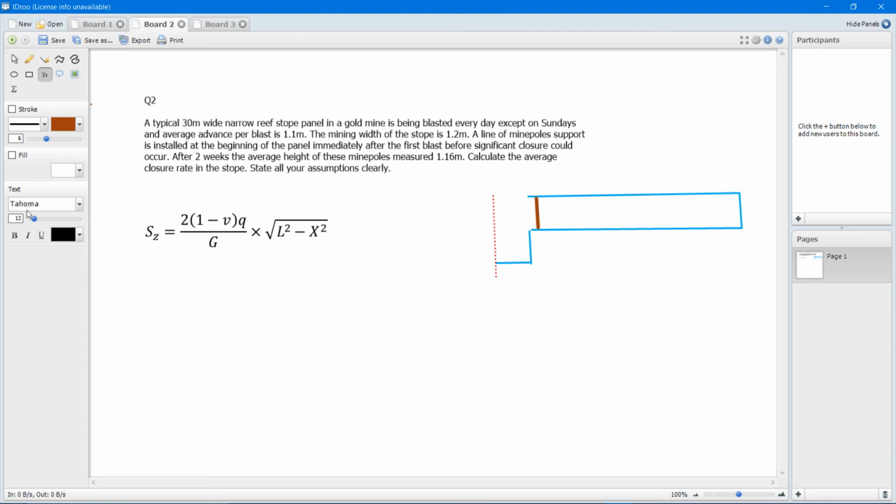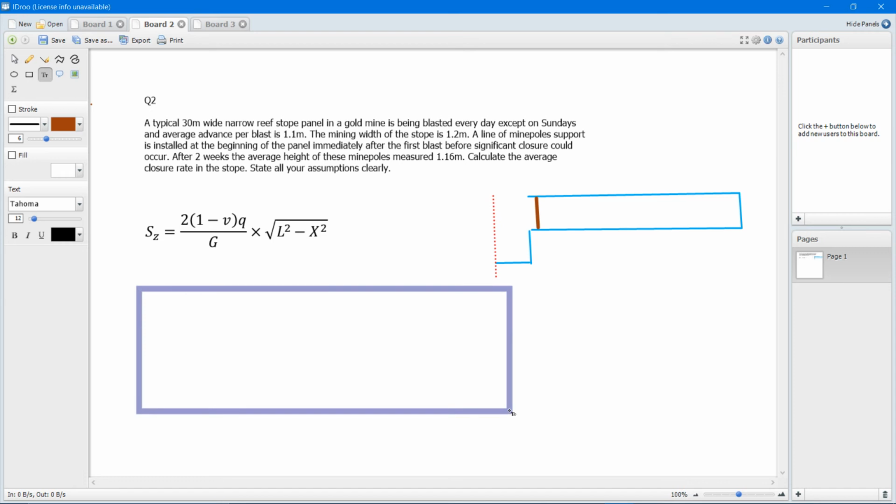So that translates to blasts in 2 weeks are going to be 12. 6 the first week, 6 the other week, right?